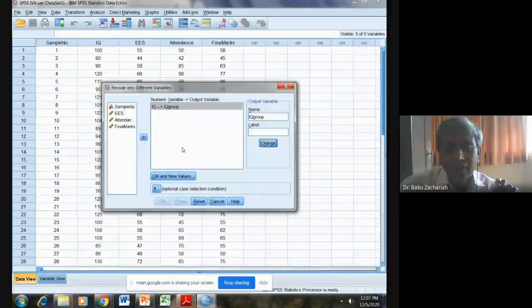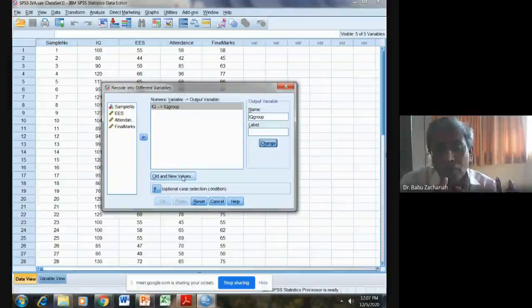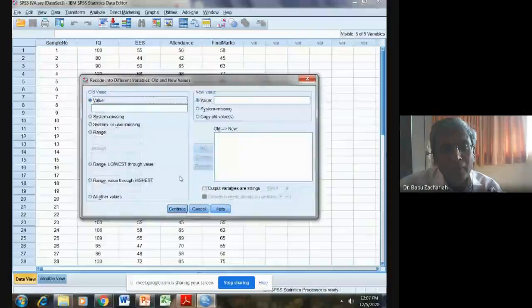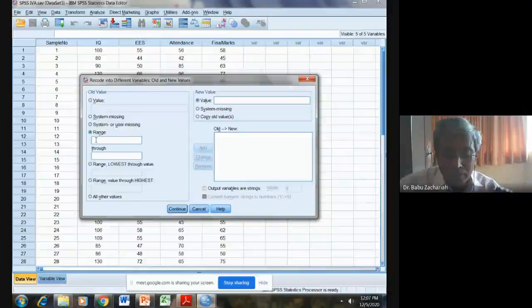Now I have to specify which old values correspond to which new values. So I choose old and new values. Here I will choose the range, 0 to below 100, which means 99. The output variable is a string, and say it is low.